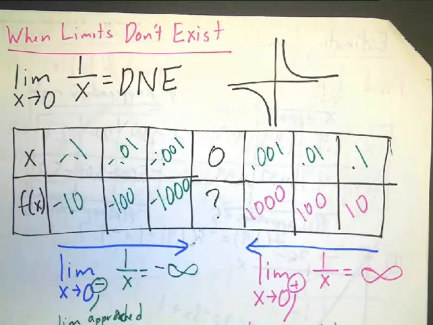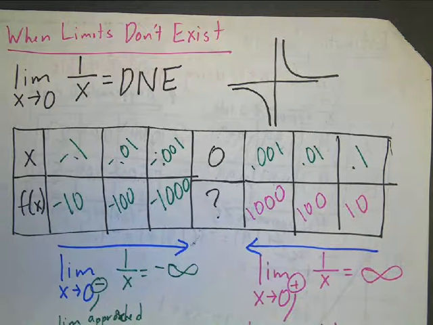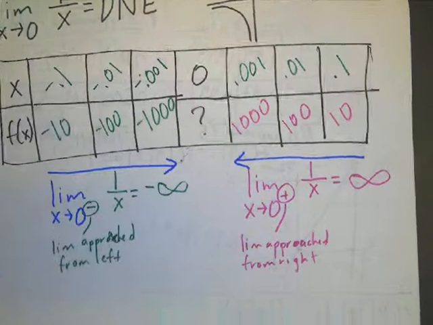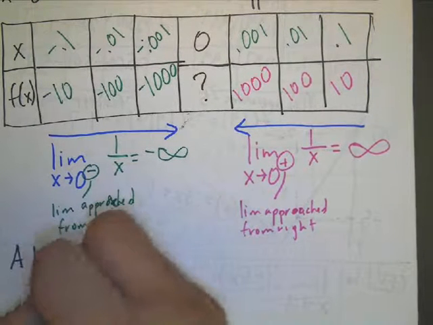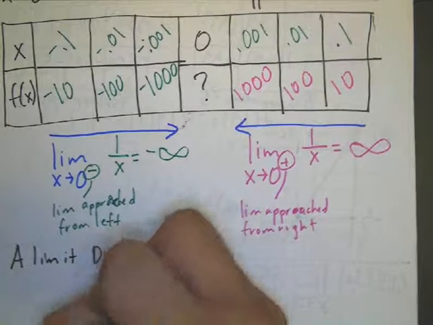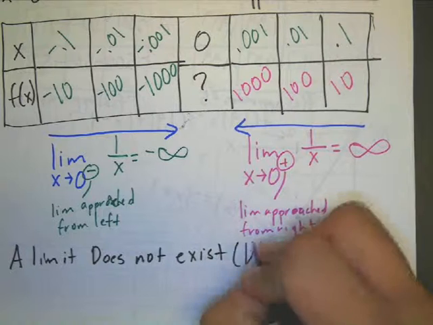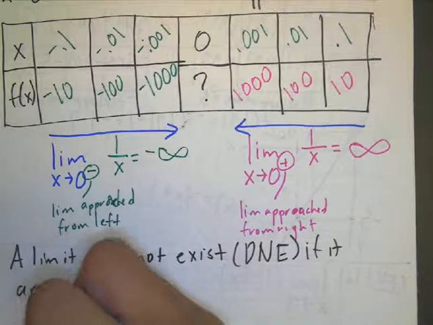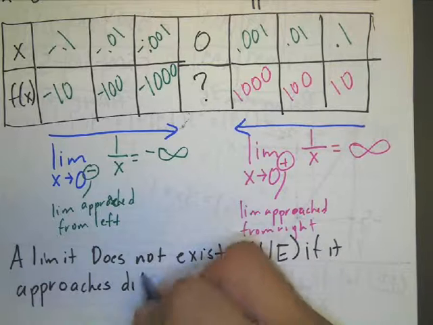And so, what we say is that a limit does not exist, just like Mean Girls, if it approaches different values from the left and right side.